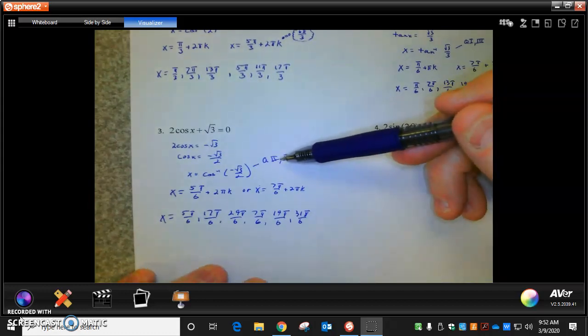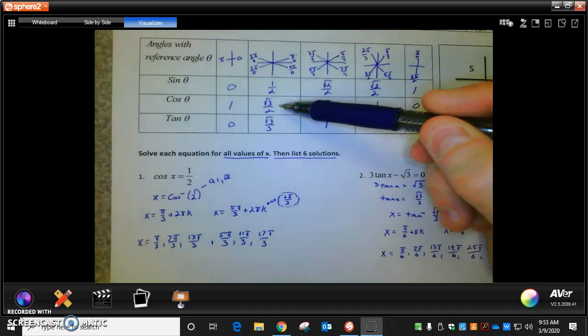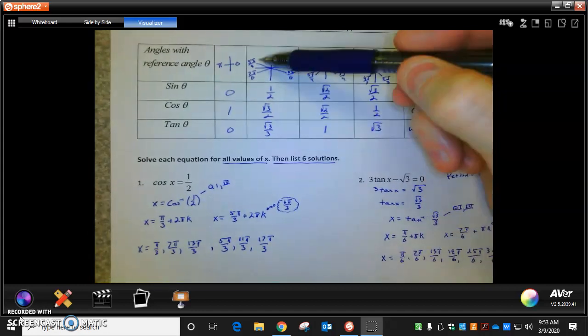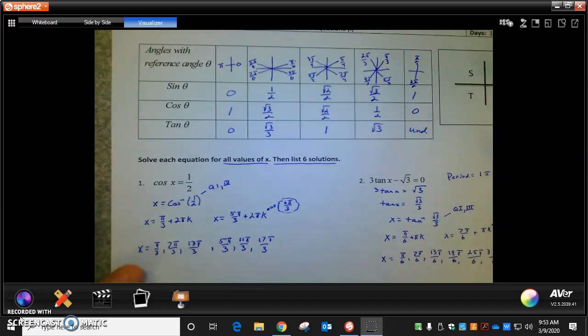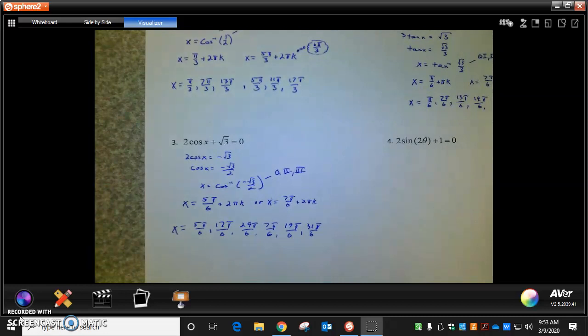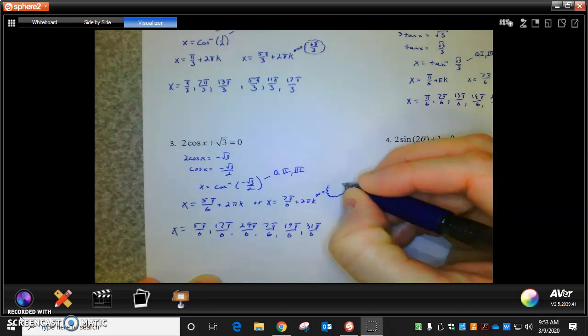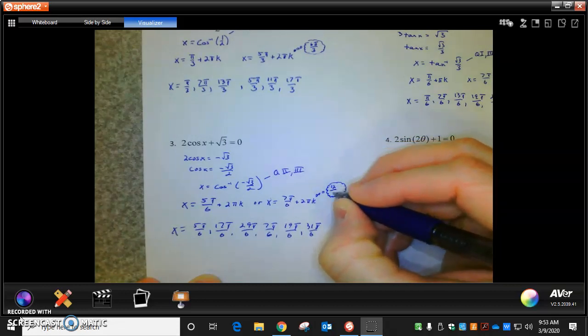So the 2 angles, from the top of my chart, that have a cosine value of radical 3 over 2, but are in those two quadrants, are 5π/6 and 7π/6. So that's my initial solution, 5π/6 and 7π/6. But every time you add 2πk to one of these, I'm thinking of this as 12/6.